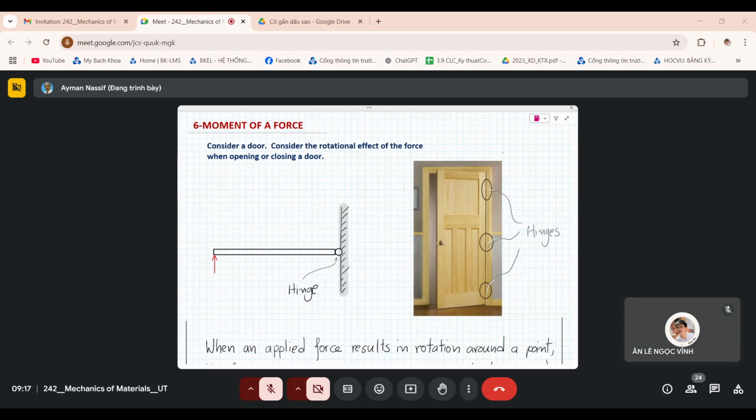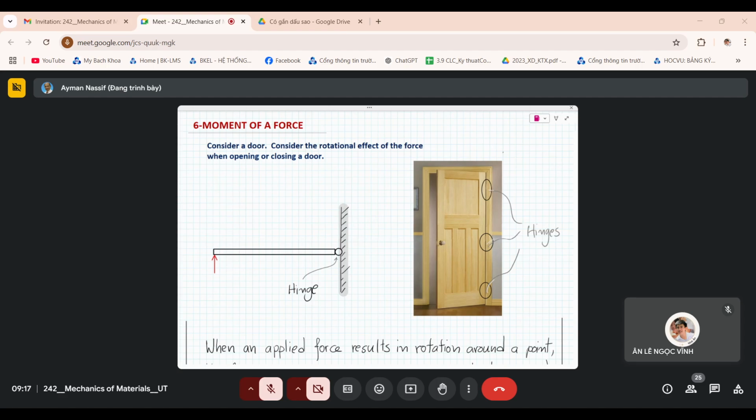If you have a door, like I'm sure you open doors every day, and you apply a force at the edge of the door, at the knob, the handle, to open the door, it has a rotational effect, which results in opening the door.